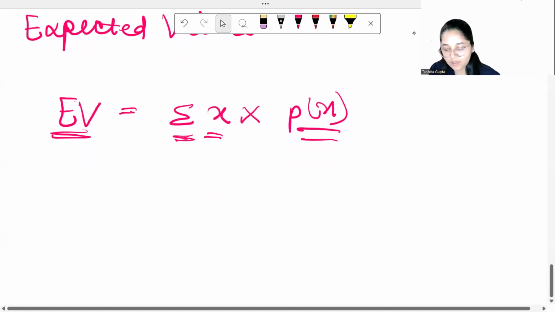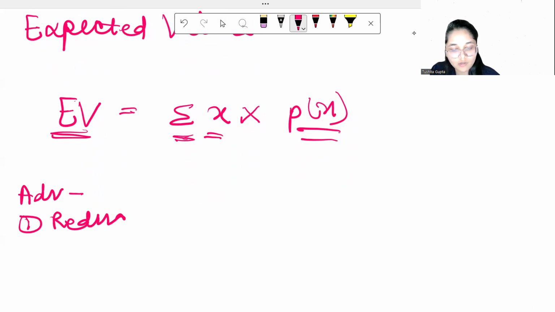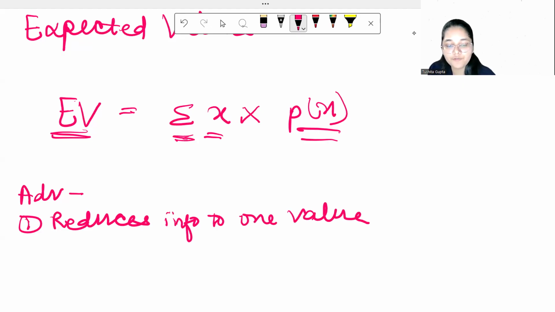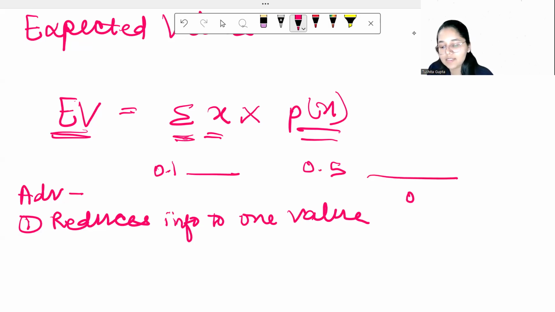Now let's talk about a few advantages. Advantage number one is that it reduces the information to one value. Let's suppose there's a lot of information: 10% probability for this, 50% probability for this, 30% for this, and then 10% again for this.